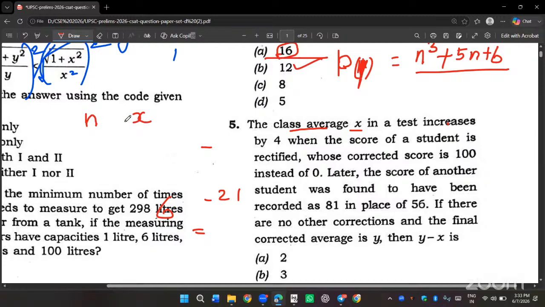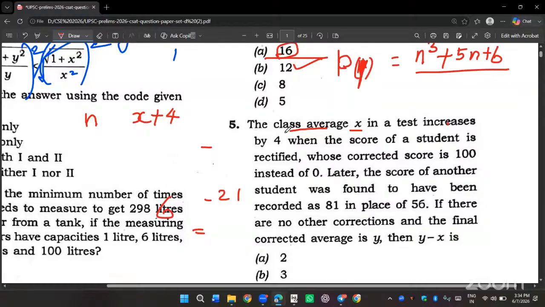In a test, the class average X increases by 4. So I am going to add 4 marks to the average mark. That is the first point you must understand.